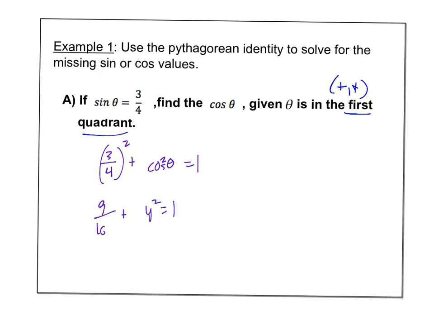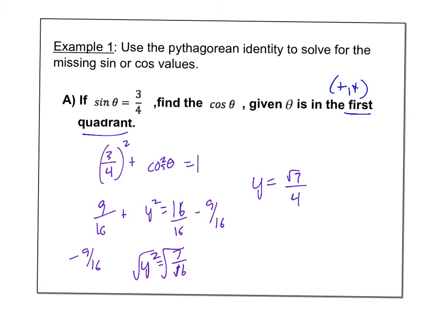If I switch this into 16 over 16 and subtract from both sides, y squared is going to be equal to 7 over 16. When I square root that, it's square root of 7 over 4. Technically, whenever you square root, it's plus and minus, but you know it's in the first quadrant, so you only take the positive. That's going to be your answer.